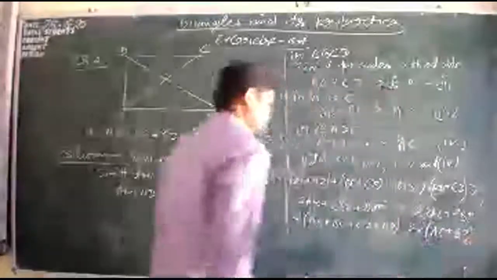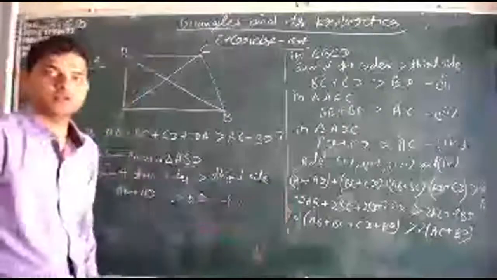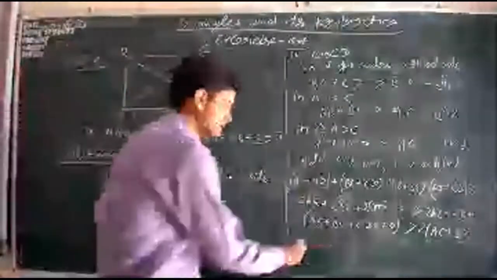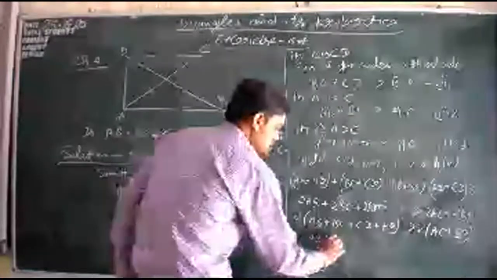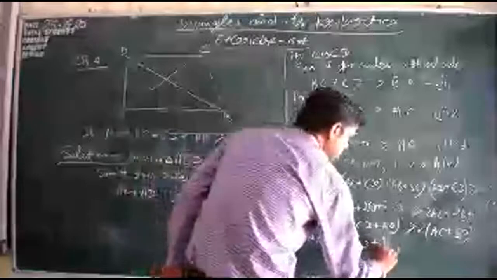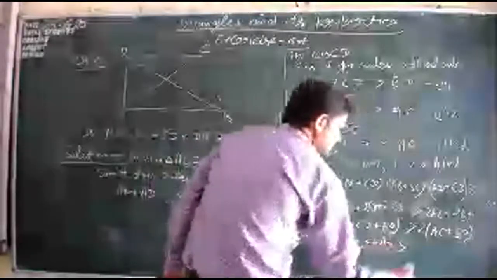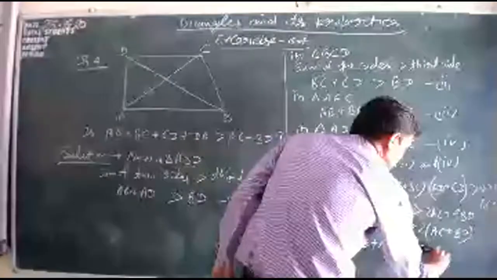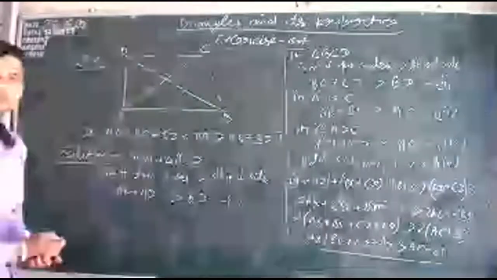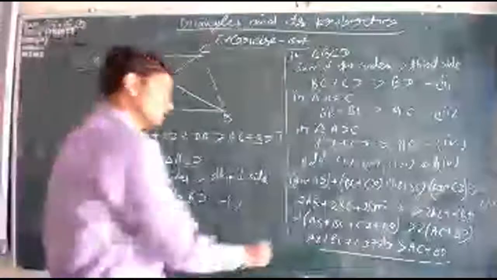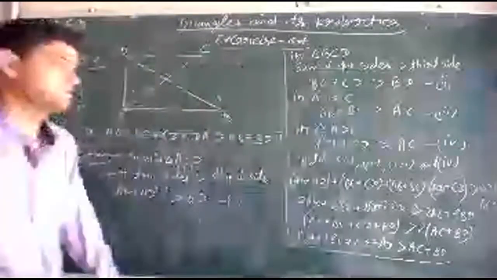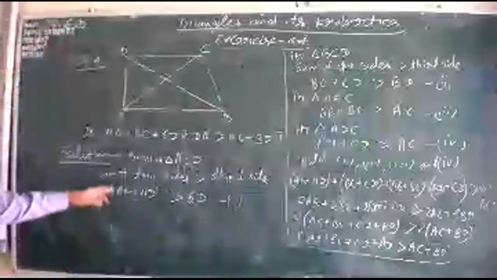Clear? 2 can be cancelled out on both sides, or we can divide both sides by 2, and we can get the answer, that is AB plus BC plus CD plus DA is greater than AC plus BD. Clear? That is the simple method, we can calculate the answer easily.